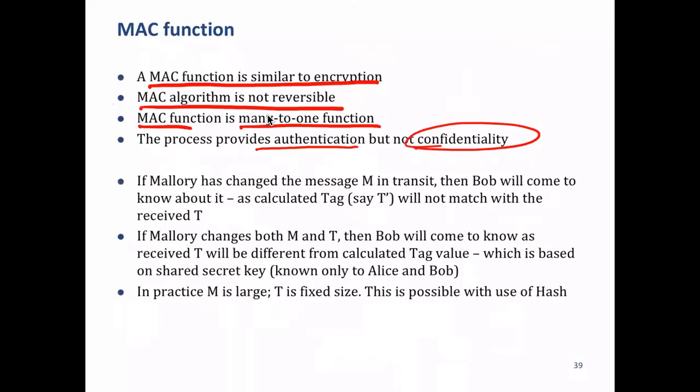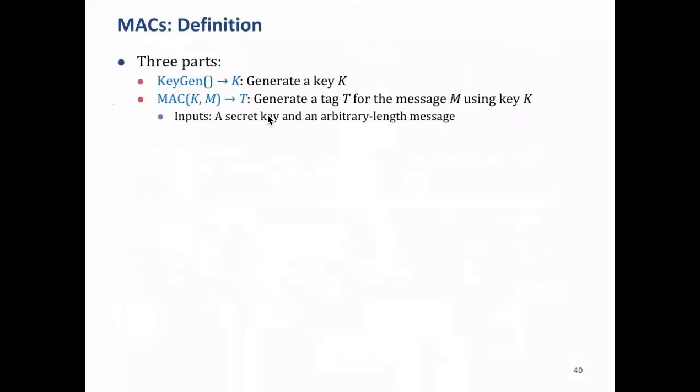These points we have already discussed. So what will a MAC do? It has three parts. First, generate a key. Alice will first generate a key, and then apply the MAC function on the message that she wants to send to Bob.